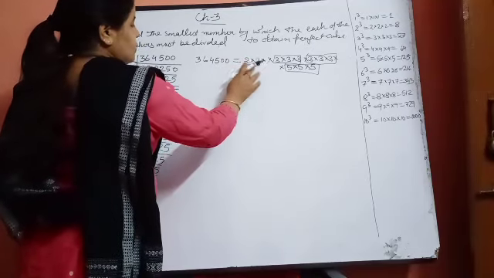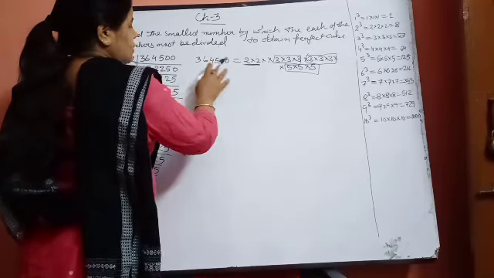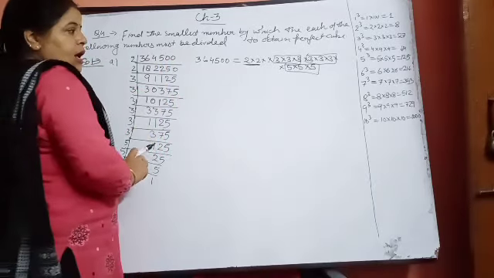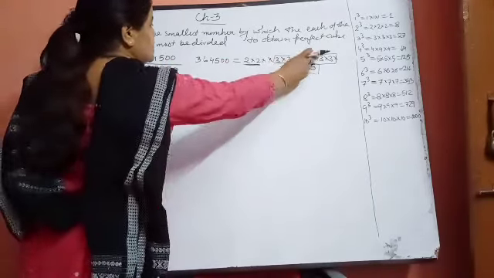So if you divide this number by 4, then this 2 into 2 will be removed from its prime factorization. In this way, only this one and this one will remain, and then it will become a perfect cube, because at present it is not a perfect cube.